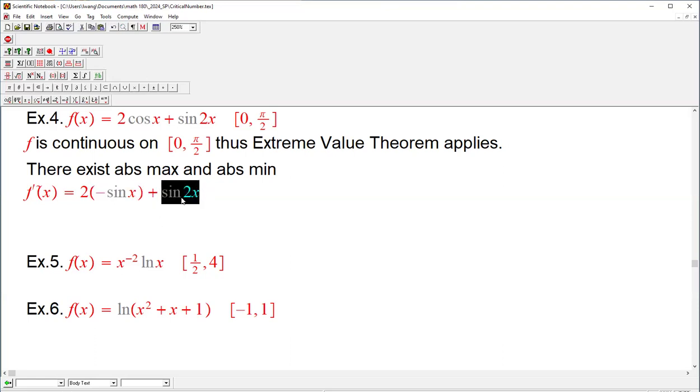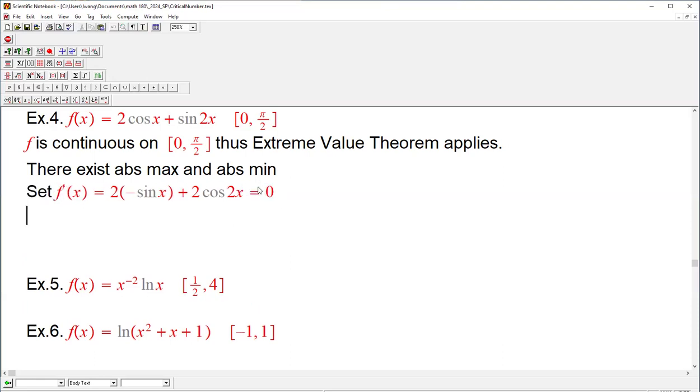The derivative of sine 2x is cosine 2x multiplied by 2, and we're going to set it equal to 0. If we set that equal to 0, we're solving this equation. How do we solve this equation?